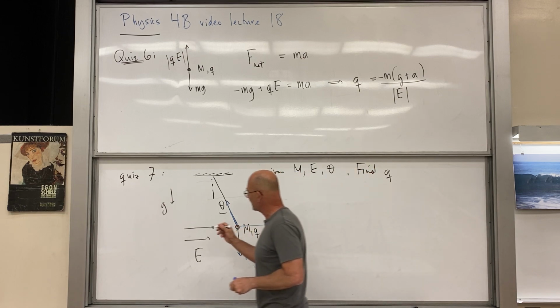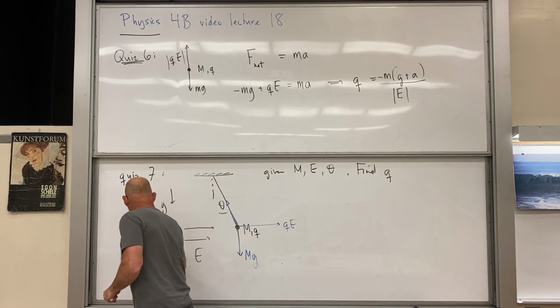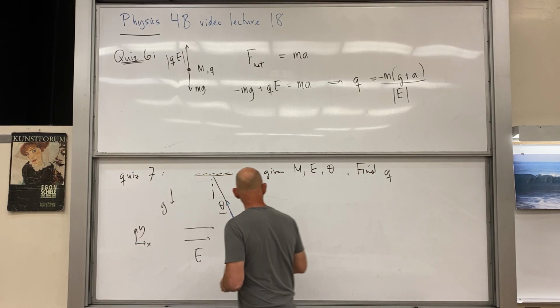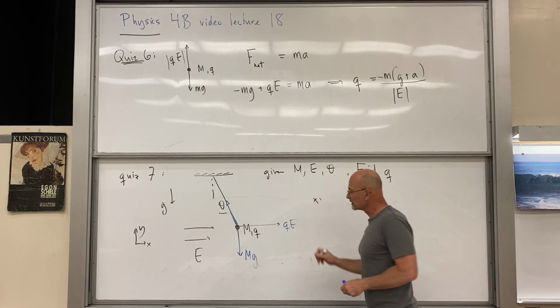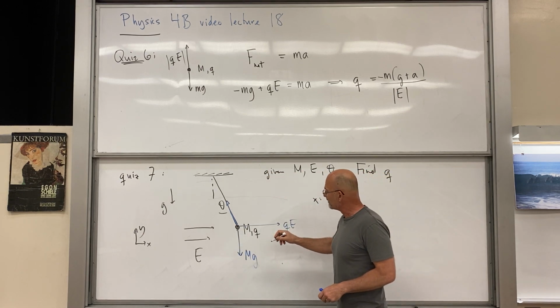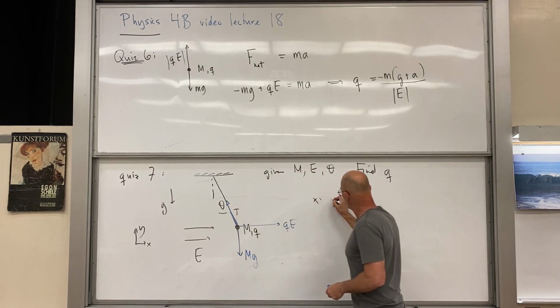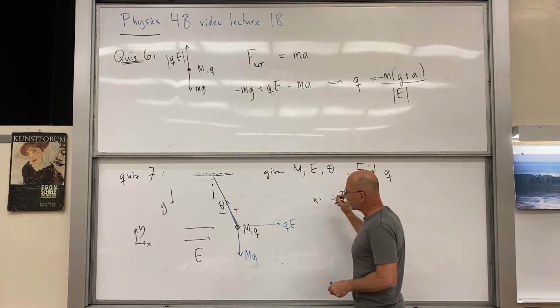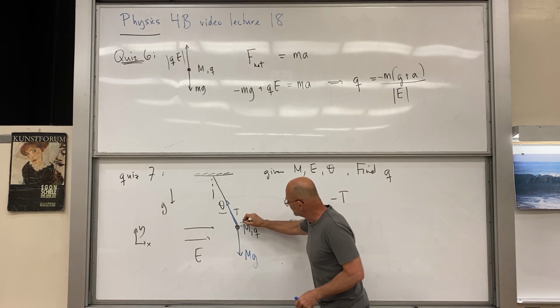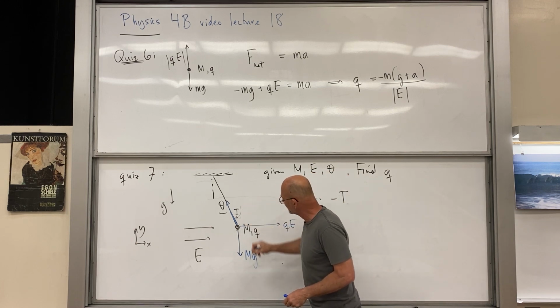So let's do the standard X and Y axis. And then we can say in X direction, we have minus T, this is tension, times the sine of theta, right? You would find your theta here again.